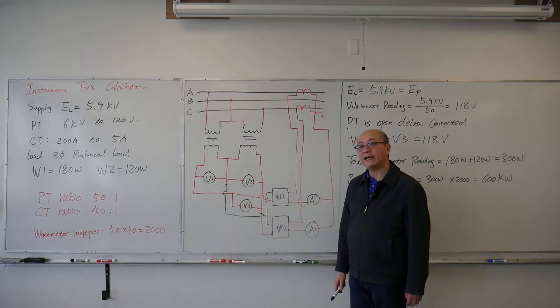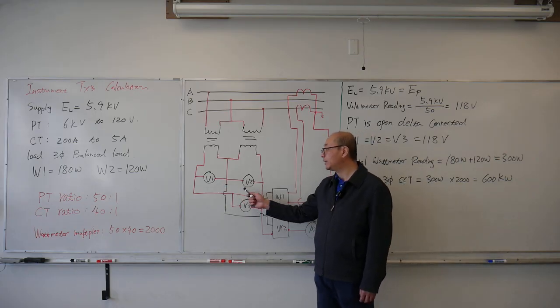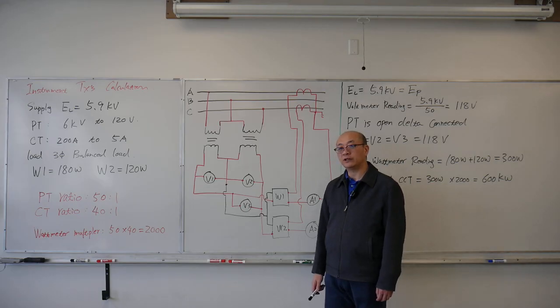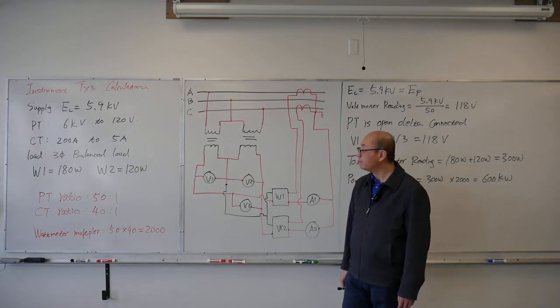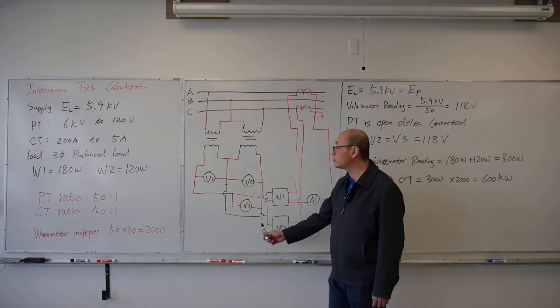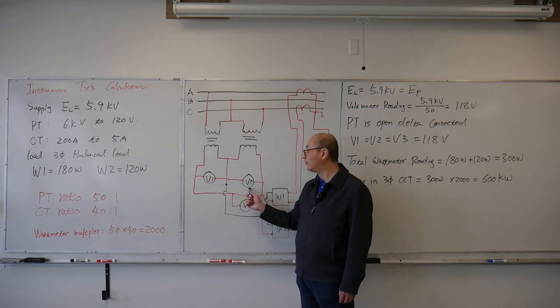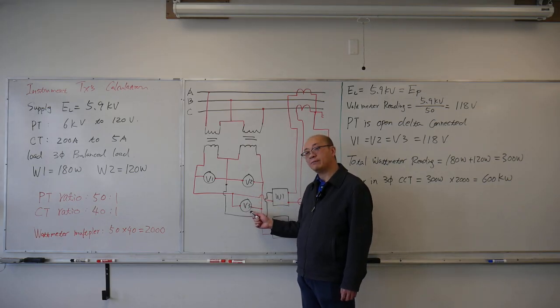When we have open delta, if we connect properly, are these 3 voltmeters going to have the proper reading? It should, right? People usually won't make a mistake on these 2 voltmeter readings, but lots of students will make a mistake on this voltmeter's reading.